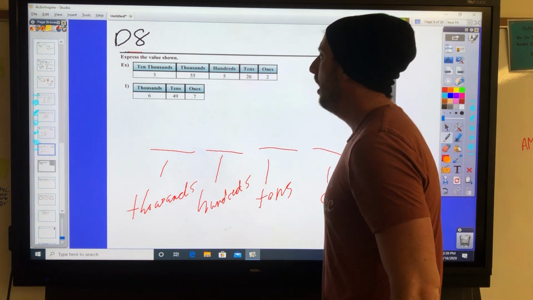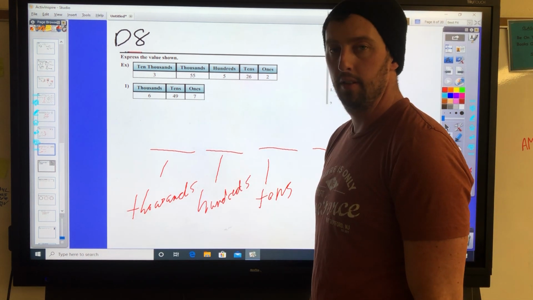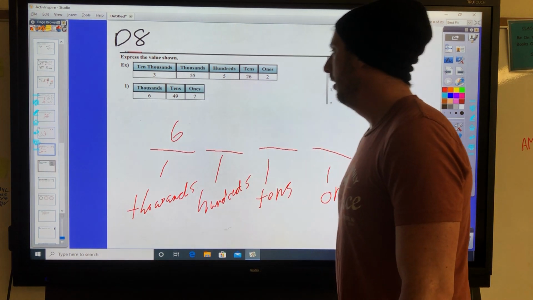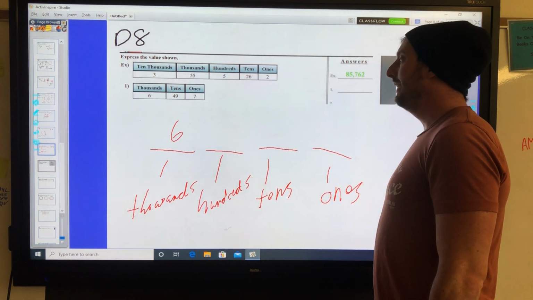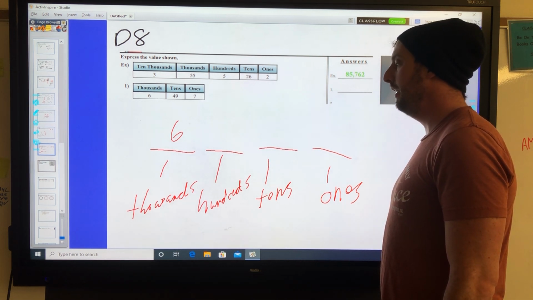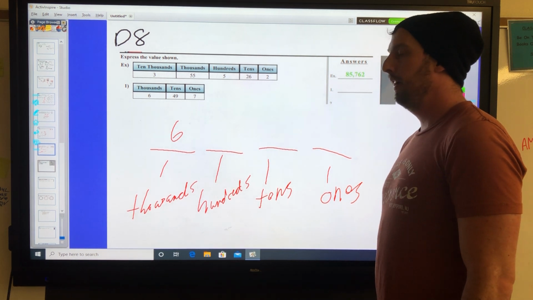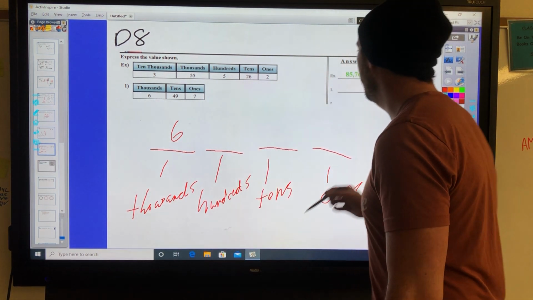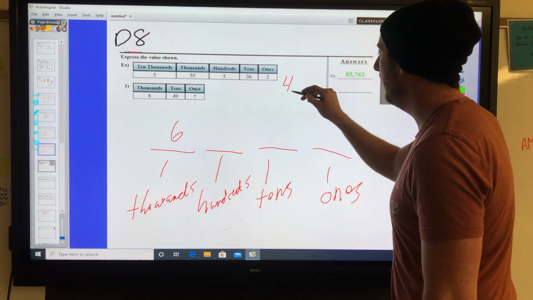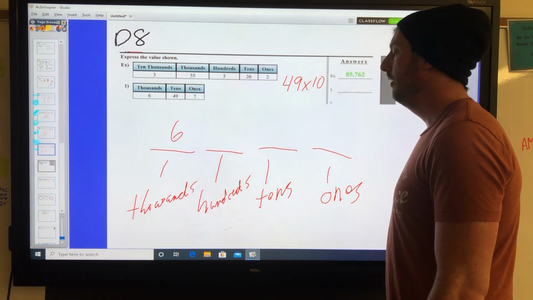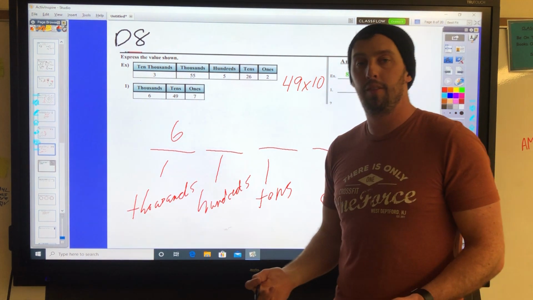So, looking at number one, I have 6 thousandths. 49 tenths. Now remember, 49 in the tenths column is essentially saying 49 times 10. So 49 tenths, think about that.